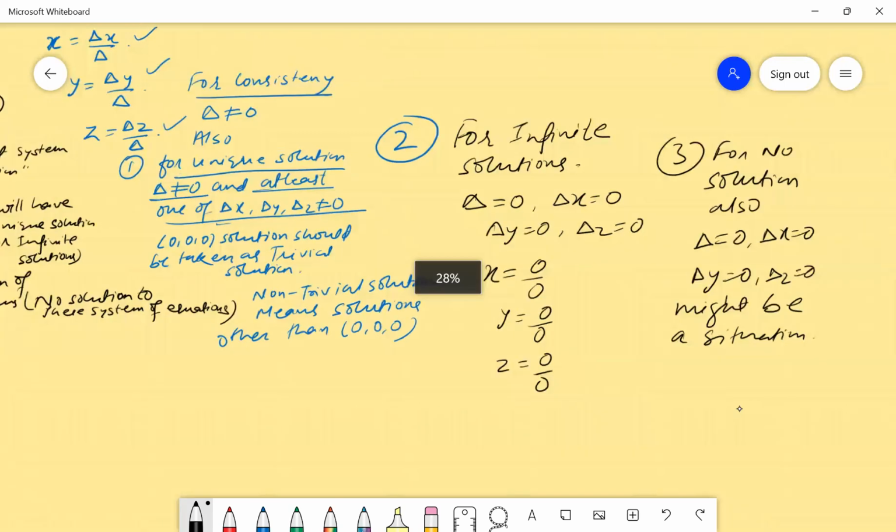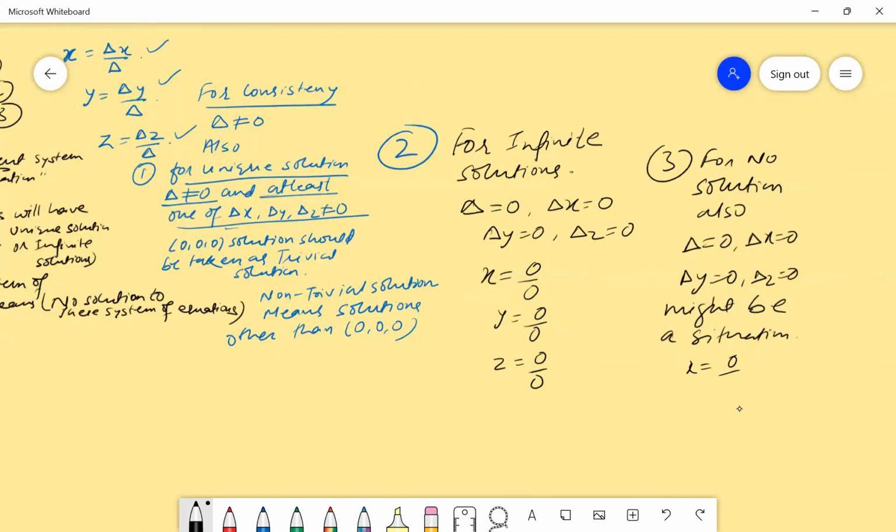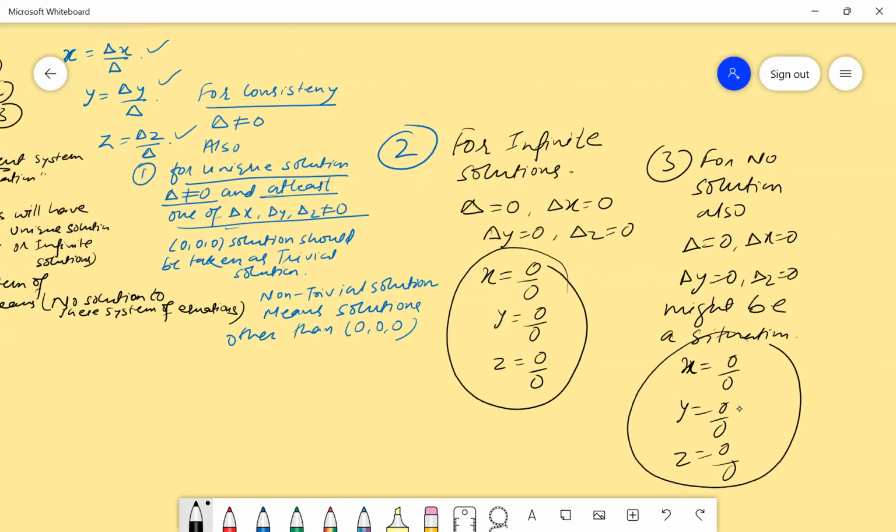But see, this 0 by 0 form is ambiguous form. Here we can get both the possibilities, either no solution or infinite solution.